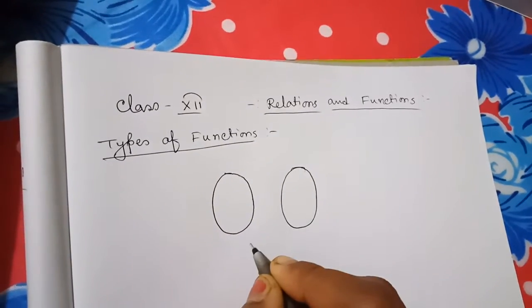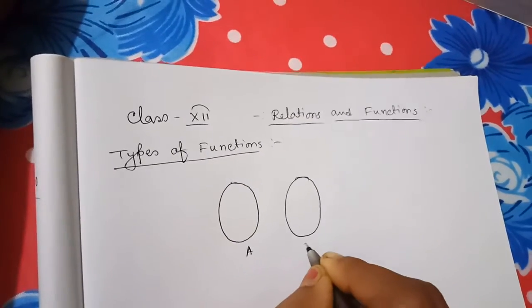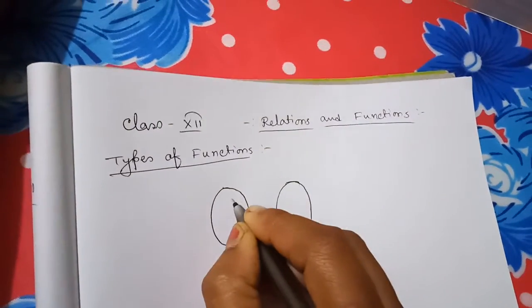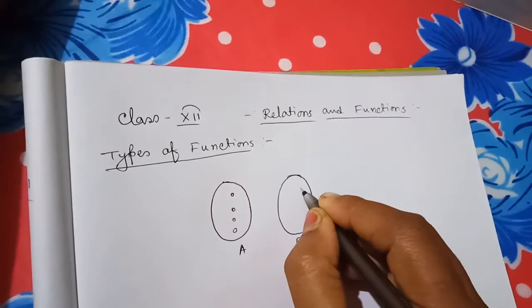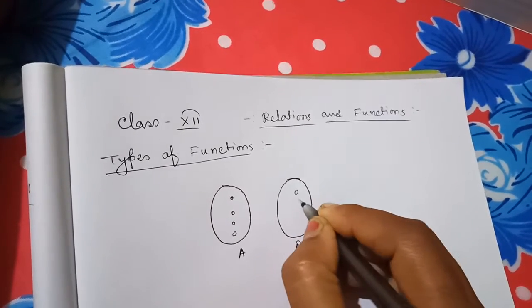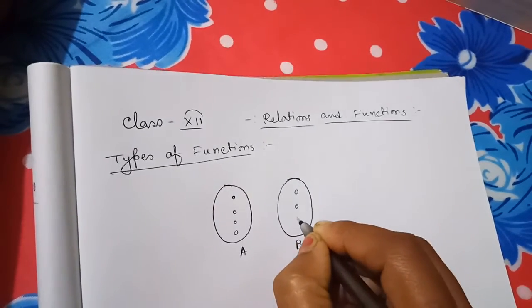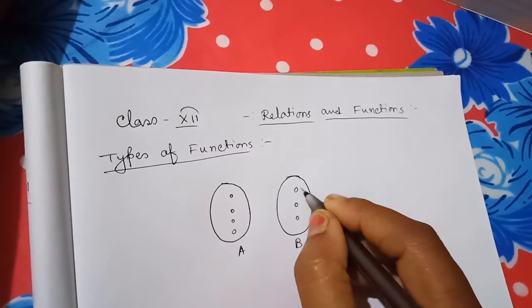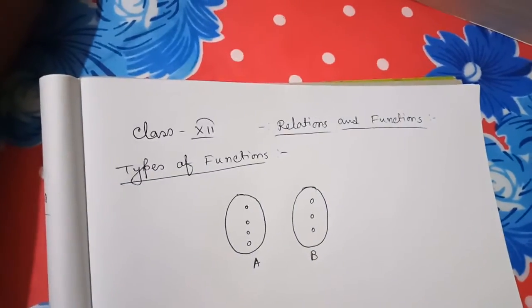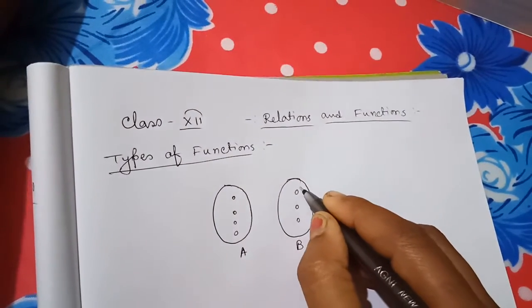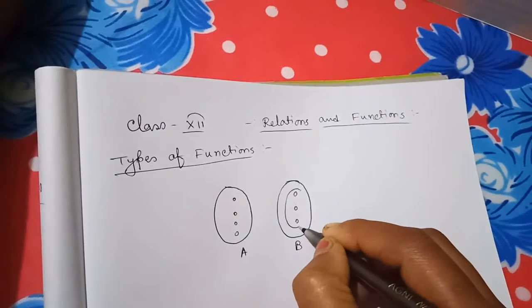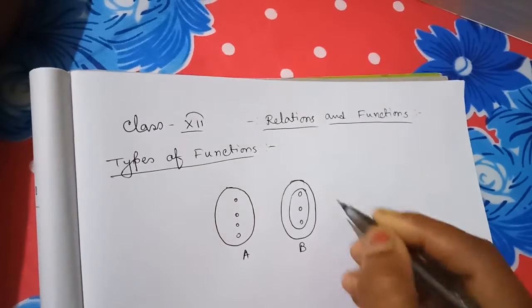Okay, now look at these two figures. Suppose this is A and this is B. Think about A has 4 elements like this, and B has 3 elements. It can have more than 3 elements, 4 elements, whatever. Suppose B has a subset.